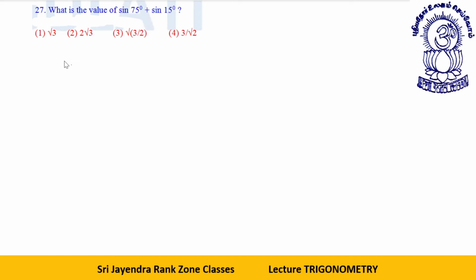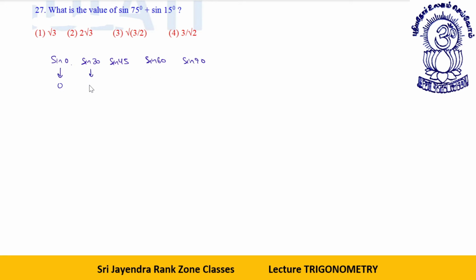The thing is, we have sine 75, sine 15 degree. If I tell you the values a little bit, like sine 0, sine 30, sine 45, sine 60, sine 90.